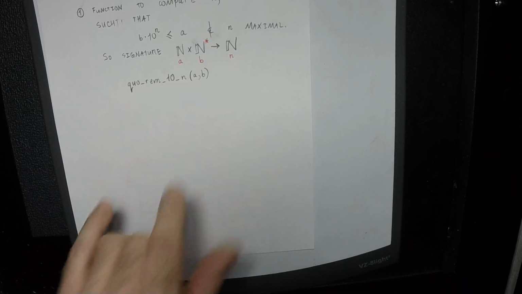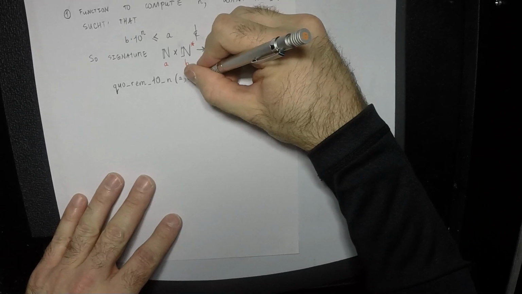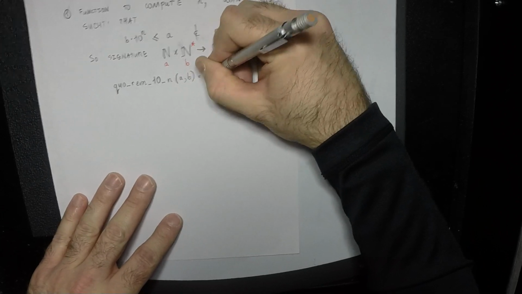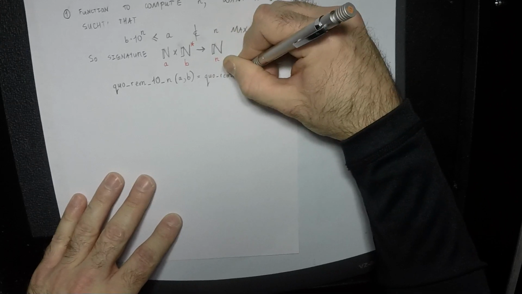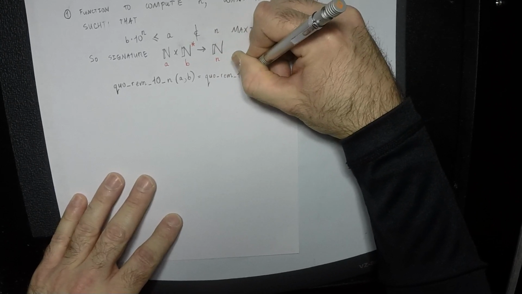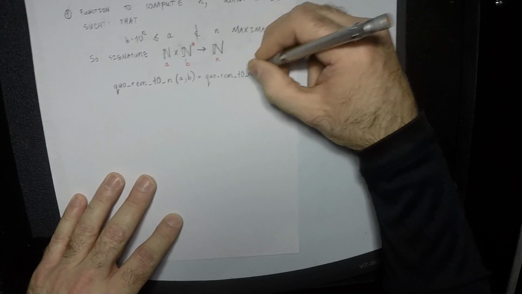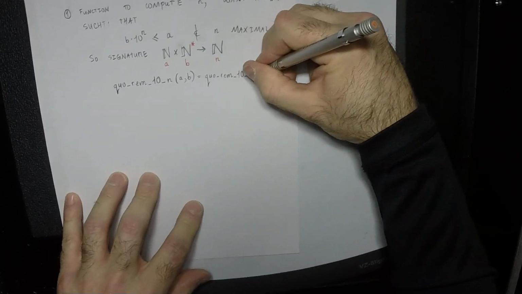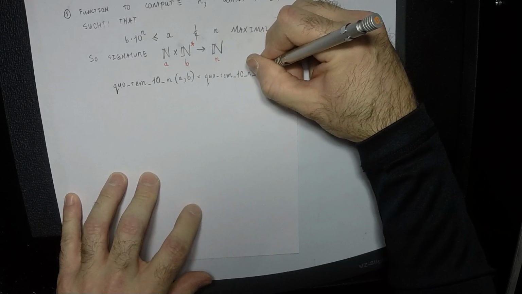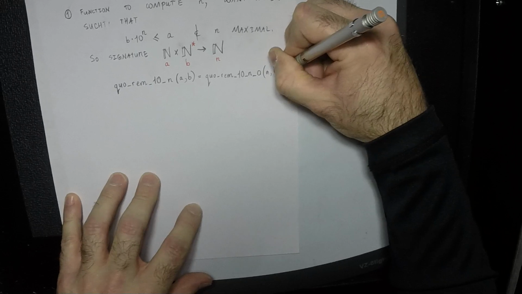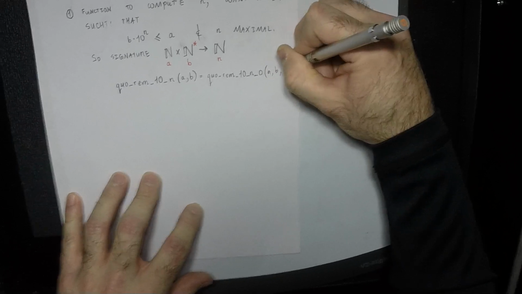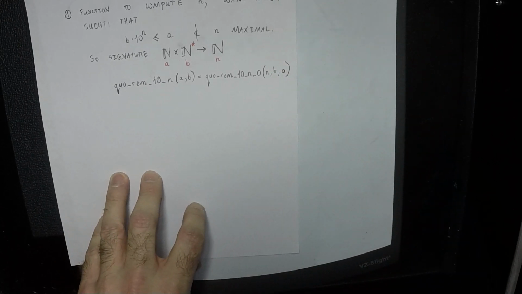I'll say that this is defined as quo_rem_10_n_0, the one that actually does the work, of a, b, and because the first exponent that we consider is 0, we'll initialize it with 0.